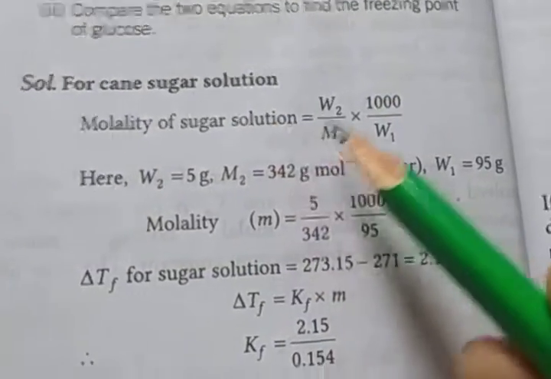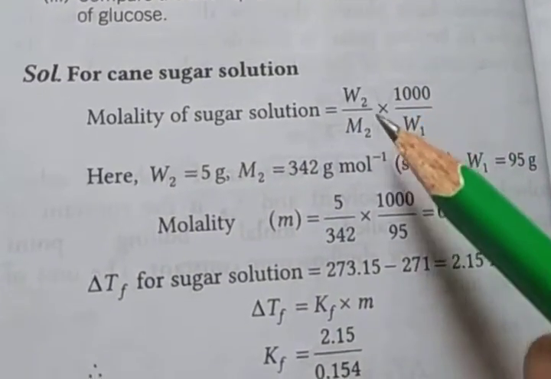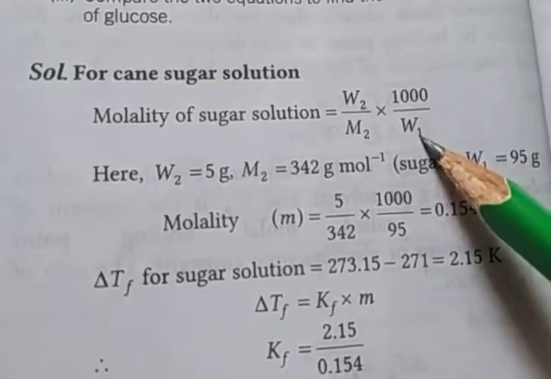First we have to find, for the cane sugar solution, molality is equal to W2 divided by M2 into 1000 upon W1.